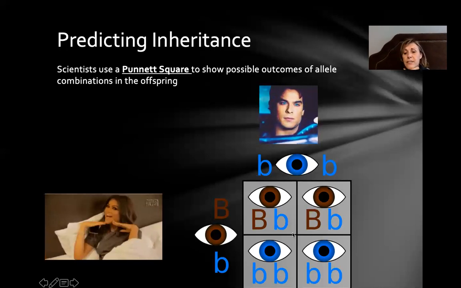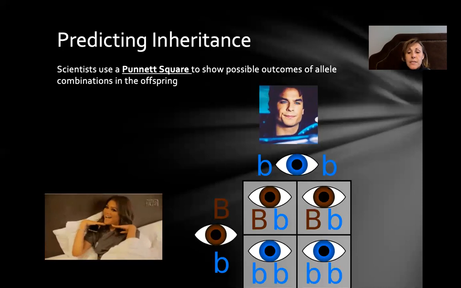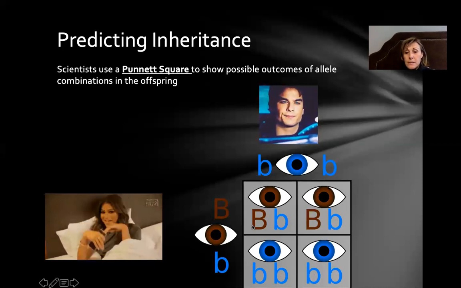What would the chance be if these two would make a homozygous dominant child? Do you see any homozygous dominance in this? If you answered no, you'd be correct.